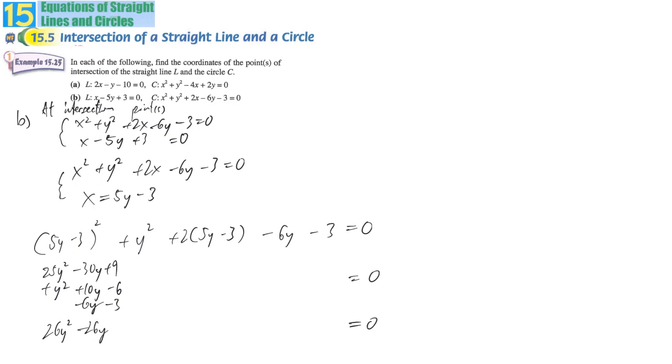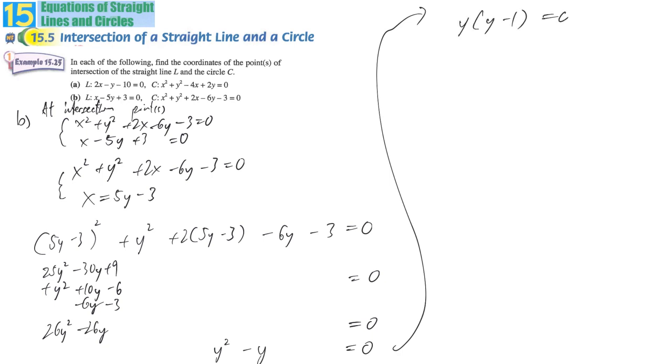So we factorize it, both sides divided by 26. y squared minus y equal to 0, and y times (y minus 1) equal to 0. Something times something equal to 0, which implies the first factor may be 0. If not, then the other factor will equal 0. That's why y may equal 0 or y equal to 1.